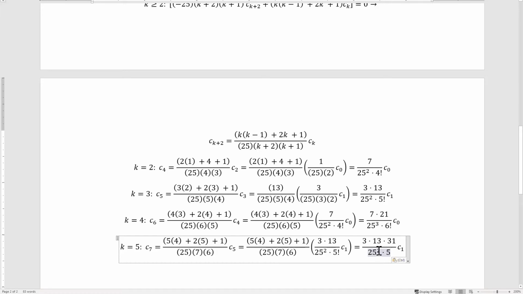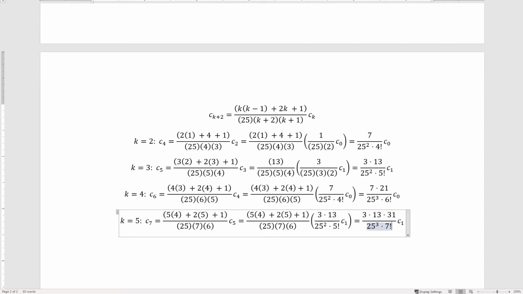Just copying and pasting here, 25 to the third power, and now we have 7 times 6 times 5 factorial, so that's 5 times 4 times 3 times 2 times 1, and that's just going to end up to be 7 factorial. Okay, so it looks like we're on our way to have at least up to c sub 7.